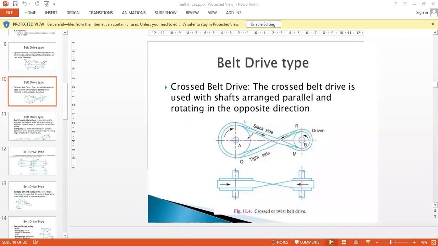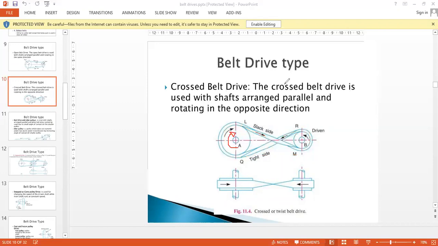Now if this shaft is the driver end and this pulley is rotated, since the belt is connected in a cross manner like an X, the belt is going to move in this fashion. It starts rotating like this, and this continues.